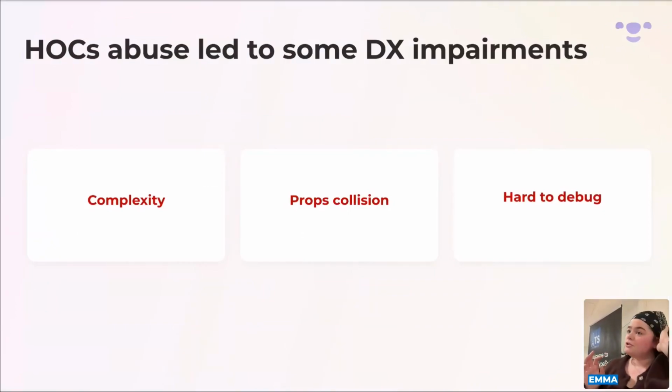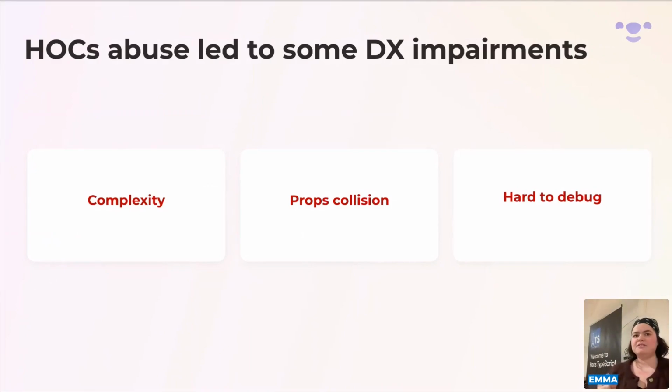Higher-order component abuse. When I say abuse, it's like I put them everywhere in my code base and use them in every kind of sense. It adds some complexity because when you need to layer them and think about the order of your higher-order components, it starts to be a bit slower to develop components. Then there are props collisions. This is where the order of your higher-order components matters.